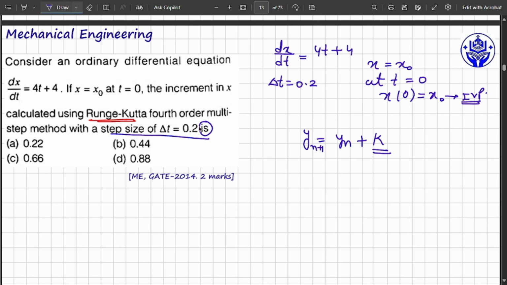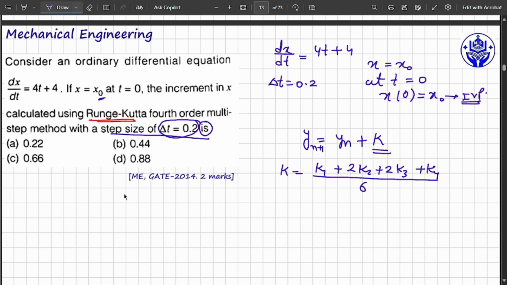So we are getting the solution from this. Here k is nothing but k1 plus 2k2 plus 2k3 plus k4, divided by 4, sorry, divided by 6, not 4.